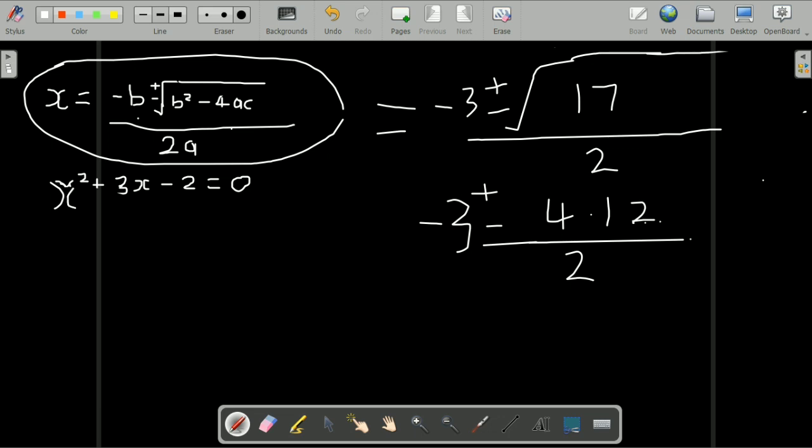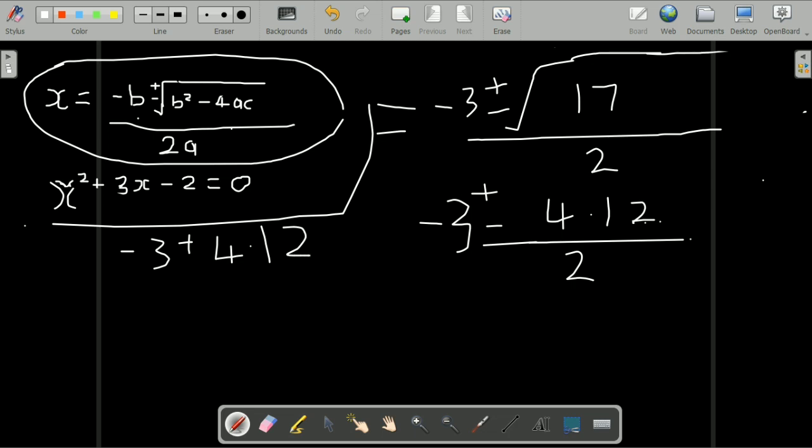So let me bring it this side. So this is what we're going to do. It will either be negative 3 plus 4.12 out of 2. You understand?